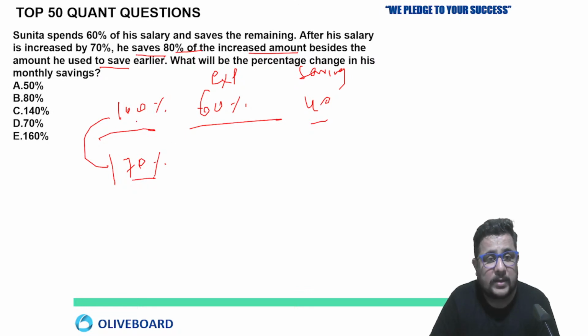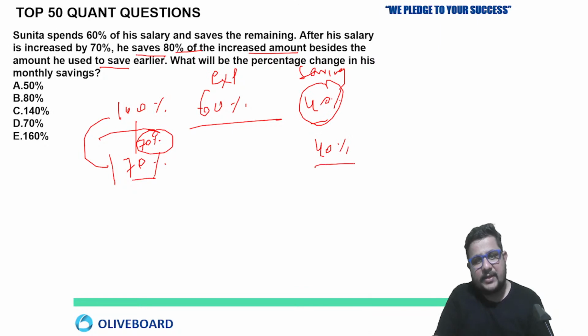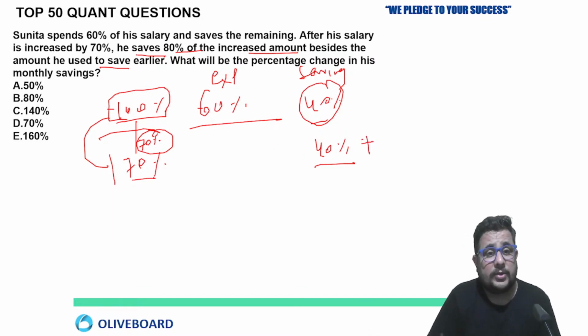So 80% of the increased amount. The increase is how much here? 70%. So he saves 80% of the increase. Earlier he was saving 40%, so 40% he is saving now of that 100%, plus extra, 80% of 70, the 70% increase, that is going to be 56.